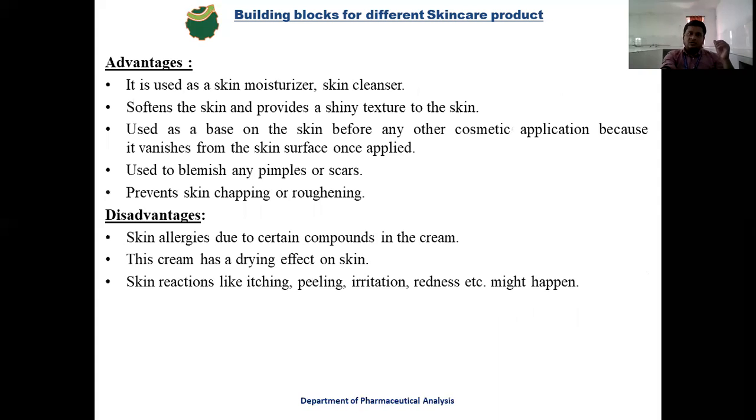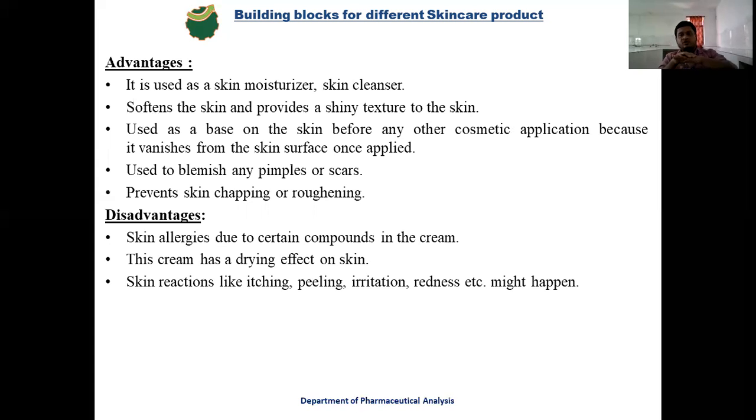Now coming to the advantages. It is used as a skin moisturizer and skin cleanser. As we know, stearic acid makes a very thin film. It is not visible, but there is a thin film over the skin.